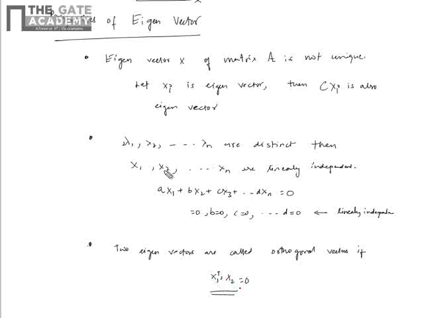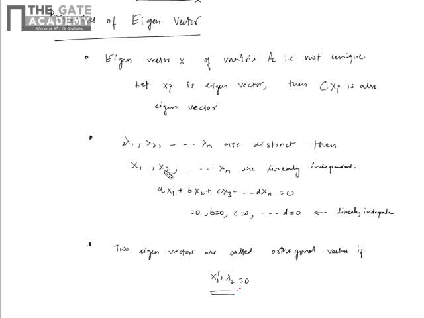If it satisfies this, then you call those vectors orthogonal. So the important point to remember in eigenvectors is that they are not unique for a given eigenvalue. And the eigenvectors of a symmetric matrix corresponding to different eigenvalues are orthogonal. So these are the important properties which we have seen.